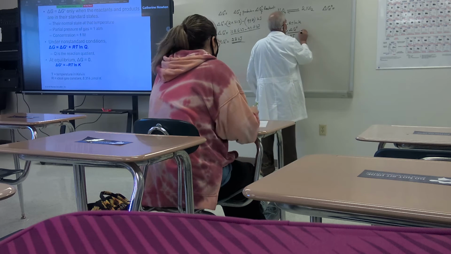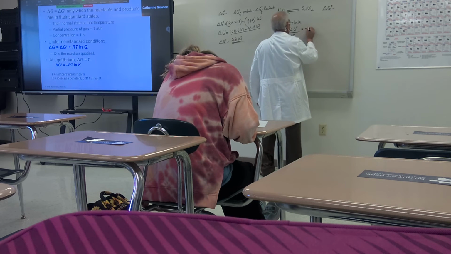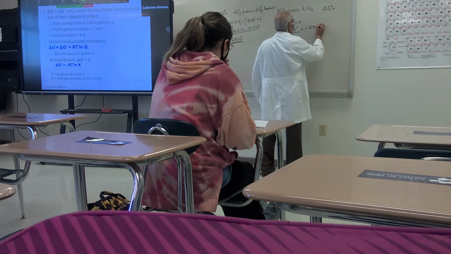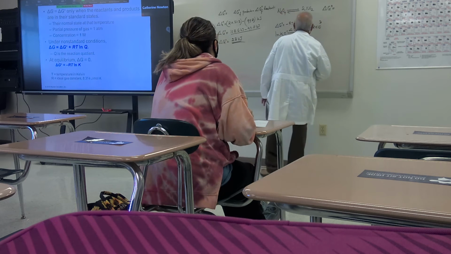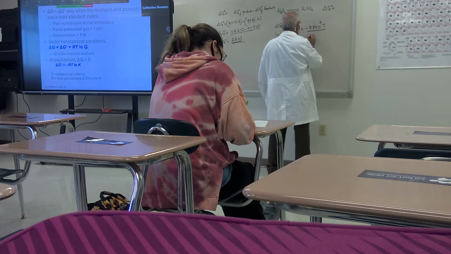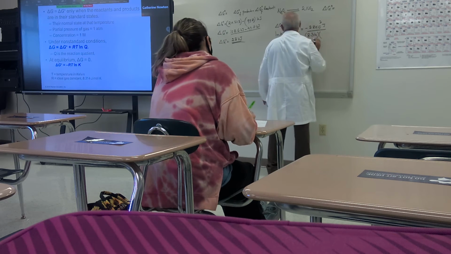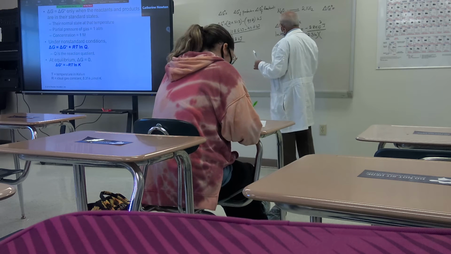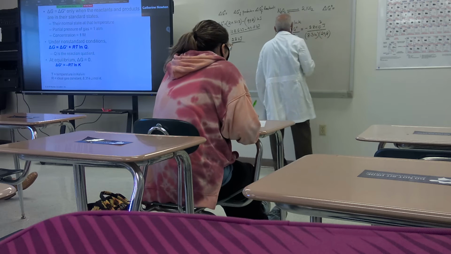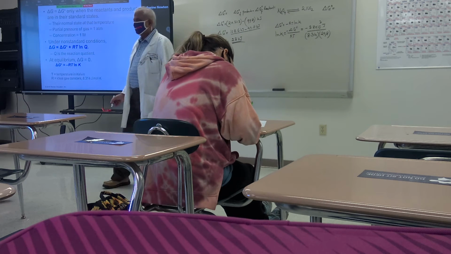So now delta G0 is how much they have given? 2.8. I convert that into joules: 2.8 times 10 to the power of 3 joules, over R, which is 8.314, and the temperature they have given is 298 degrees Kelvin. Please go ahead and simplify this quickly.